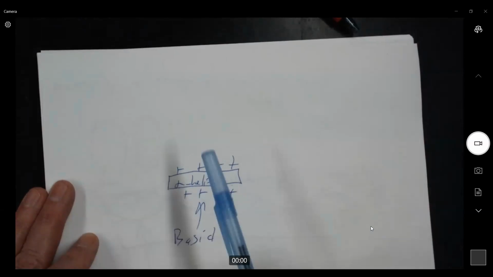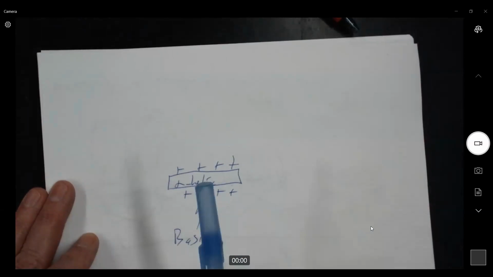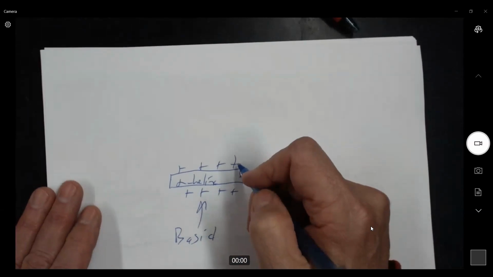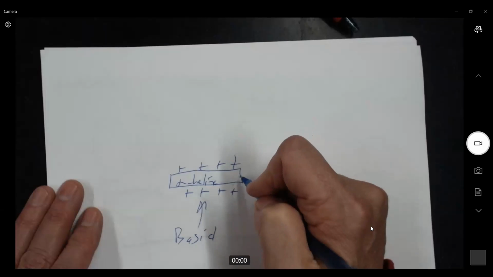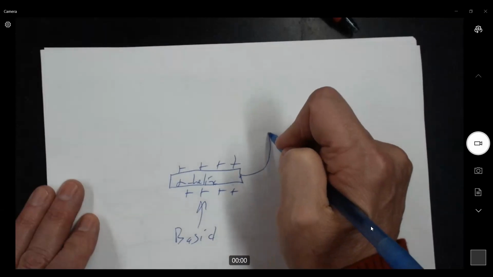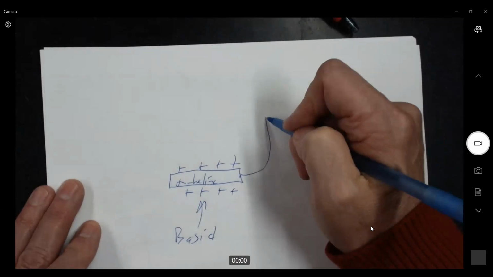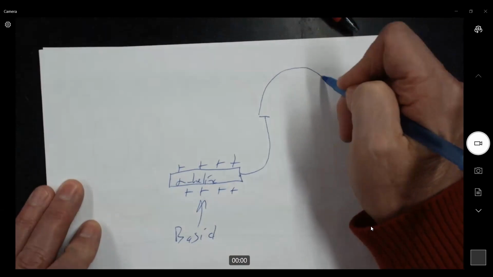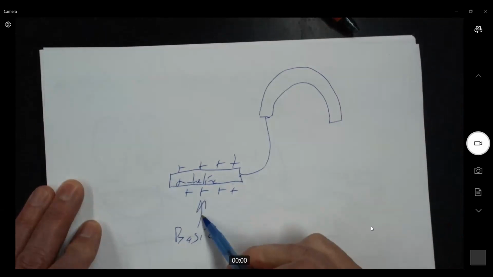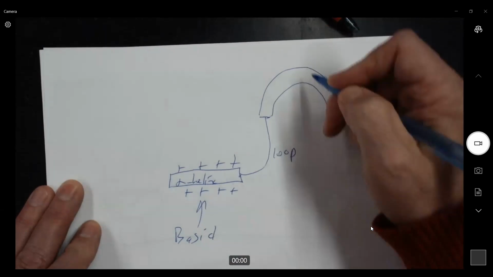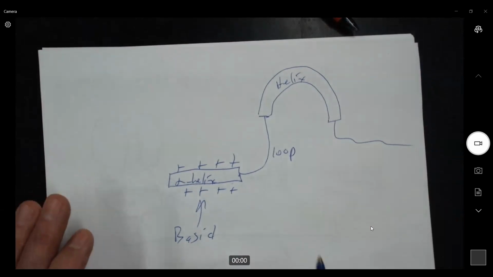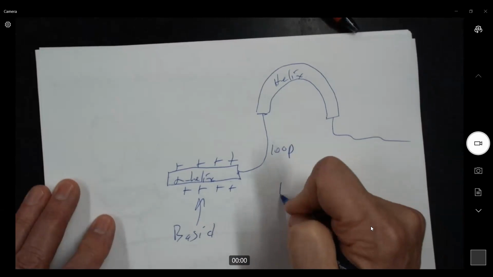It's going to make sequence-specific associations with DNA, but then attached to this is a loop. And then you're going to get another helix. And this helix doesn't tend to bind DNA. So you have a basic helix, loop, helix. And then the rest of the protein. Now, these proteins always work as dimers.